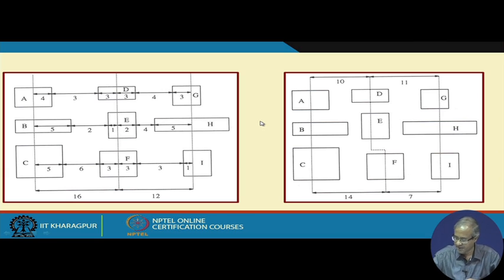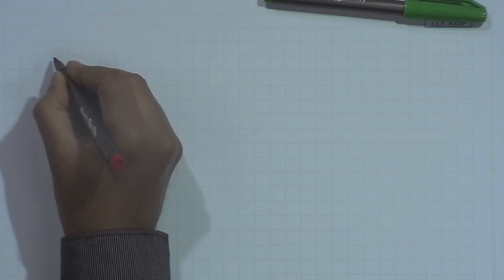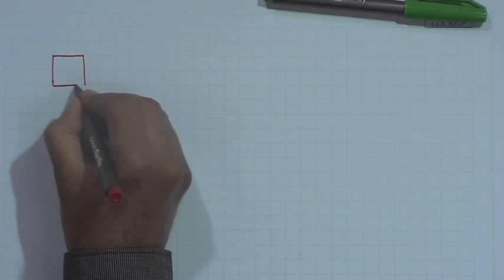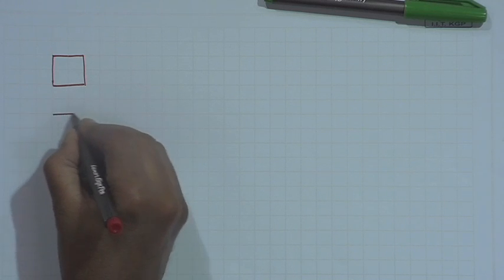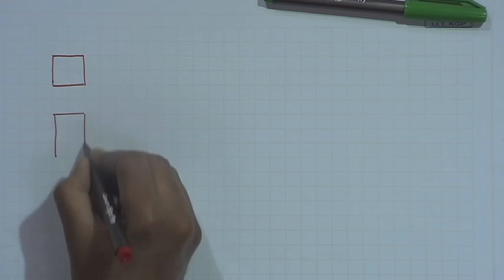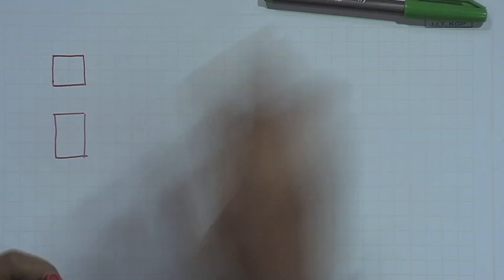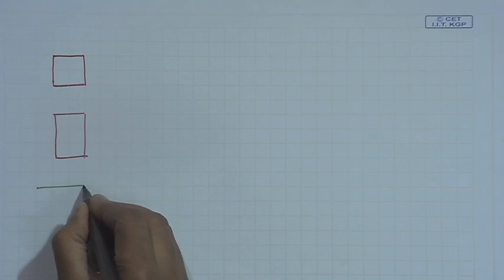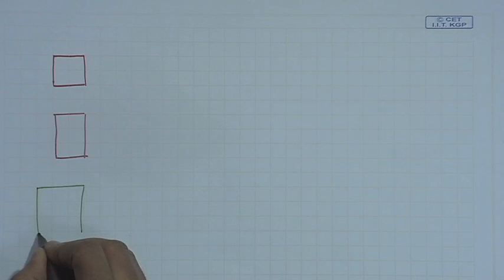Let us take a very specific example with polysilicon and diffusion. I am showing them using colors. Let us say I have a polysilicon block here, another polysilicon block here, and I have a diffusion block here.